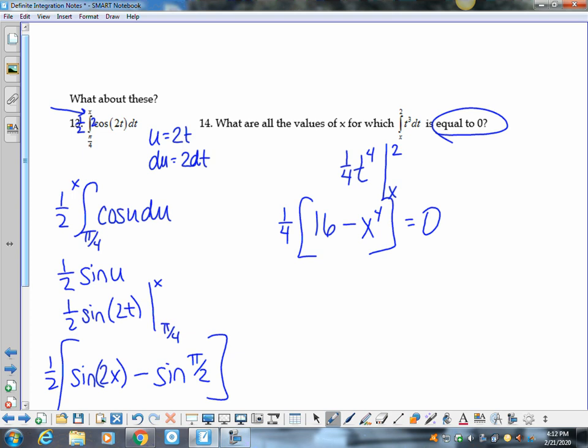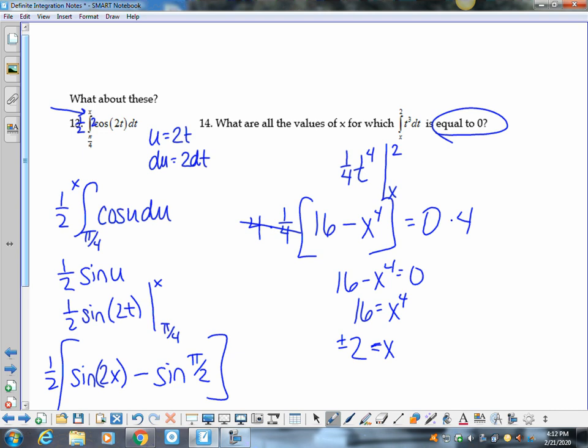So now all I'm going to do is solve for x. Well, the first thing I'm going to do, I'm not going to distribute my 1/4. I'm going to multiply both sides by 4 and let it cancel. And then I'm going to add my x to the 4th over. And then I'm going to 4th root both sides and get plus or minus 2.